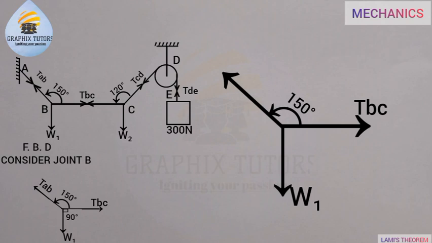And this is what we have: my TAB acting along this axis, my TBC and my W1, and the angle between TAB and TBC is 150 degrees. Now I will extend, using a red line, my TBC to the other side, and I'm going to extend my W1 upward.